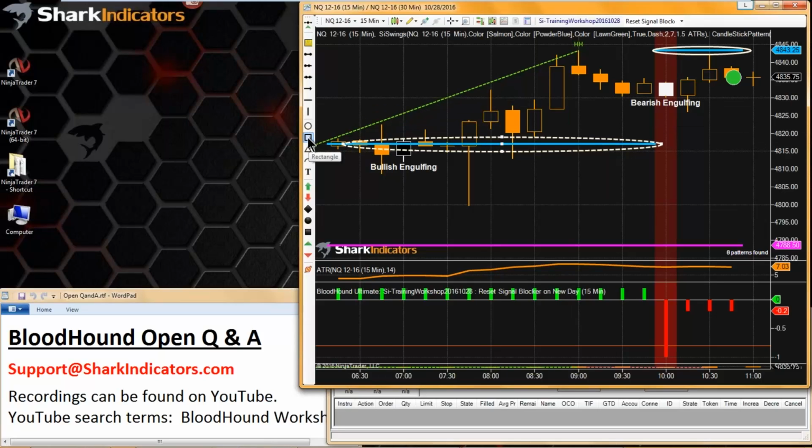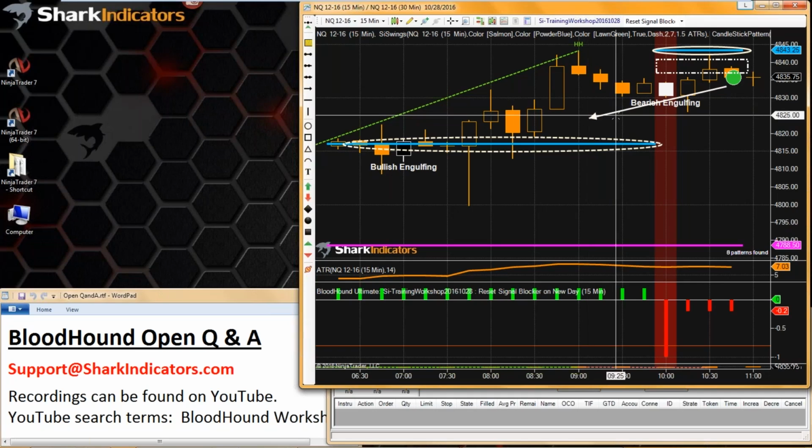So the issue is that the number of bars of the current swing is always going to be changing. It's always going to be different, right? So with BloodHound, you can look back in bars, but you have to tell BloodHound exactly how many bars to look back. That's how programming works.